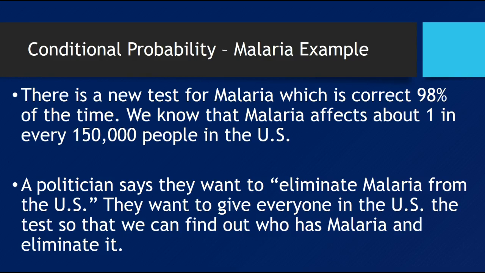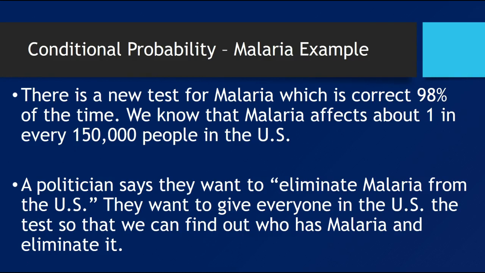Now, we know malaria is not a very prevalent disease in the United States. We get some cases. Usually, it's about 1 in every 150,000 people will contract malaria inside the United States. So it's, again, not very common in the US, but it is common in other parts of the world. So let's pretend that in the United States, some politician gets the idea that they want to eliminate malaria from the United States.